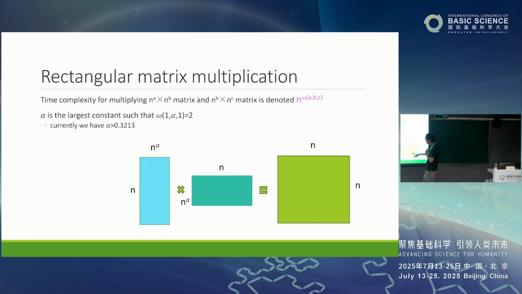Meaning that we multiply an n times n to the alpha matrix with an n to the alpha times n matrix, so the output is an n times n matrix. So that time complexity is nearly the same as the size of the output. So alpha is the largest such alpha satisfying this. The current bound is like this.